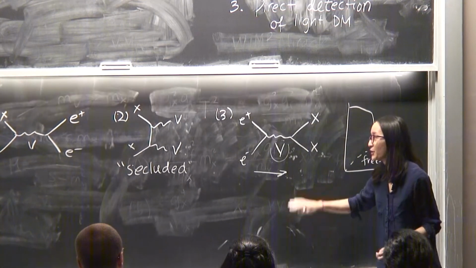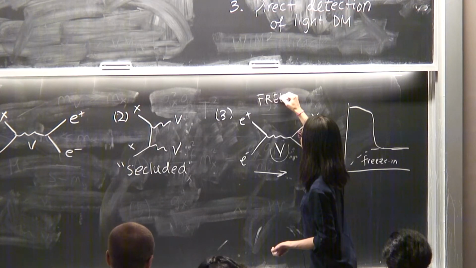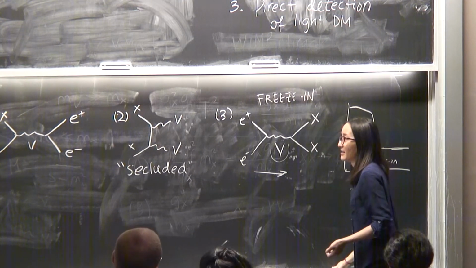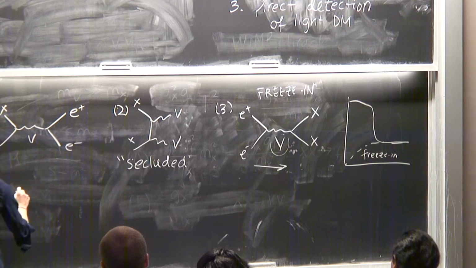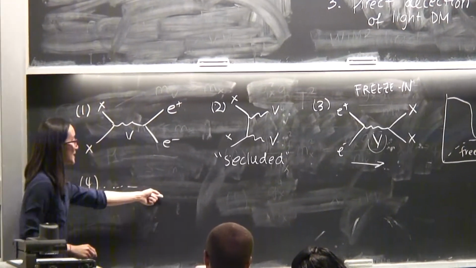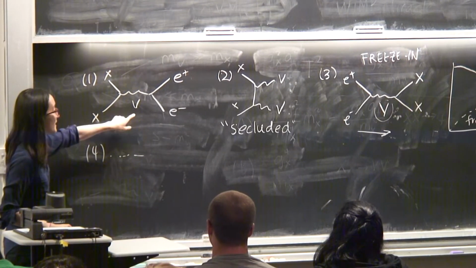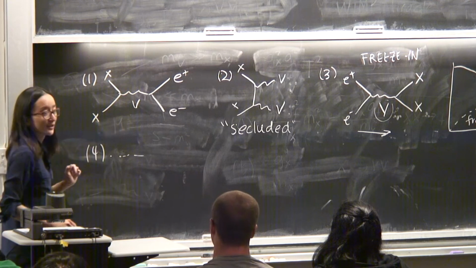And so that's why I'm also introducing this freeze-in scenario. And just to say, there are definitely more that I'm not going to talk about, things like SIMPs and so on. But I'm just going to use these to guide the discussion about the phenomenology and the cosmology of these sub-GeV sectors.